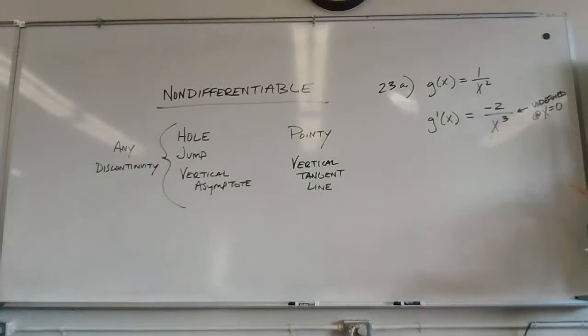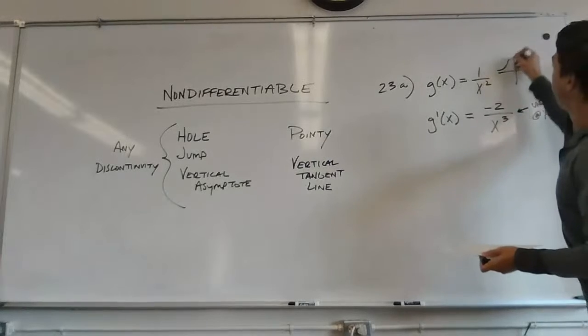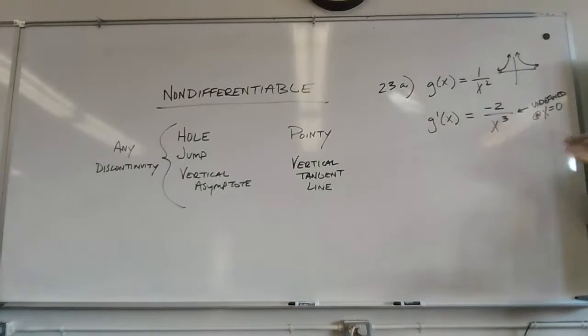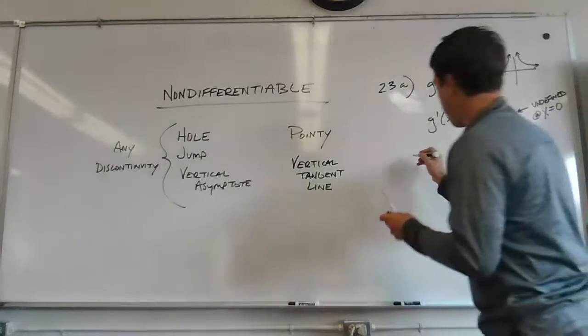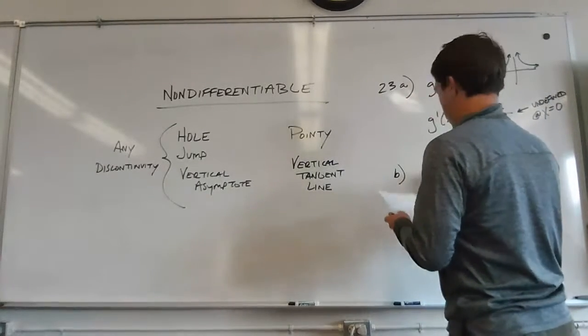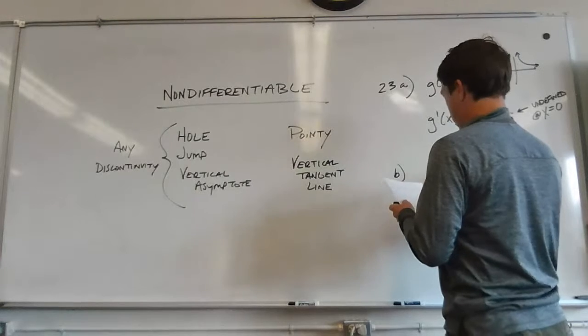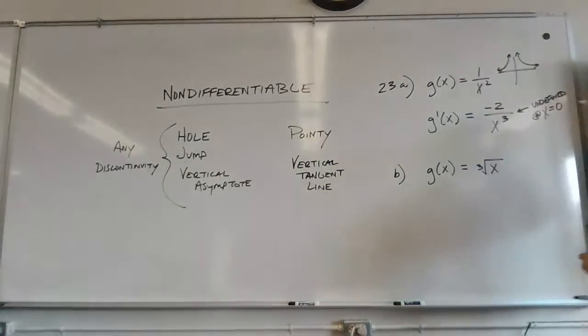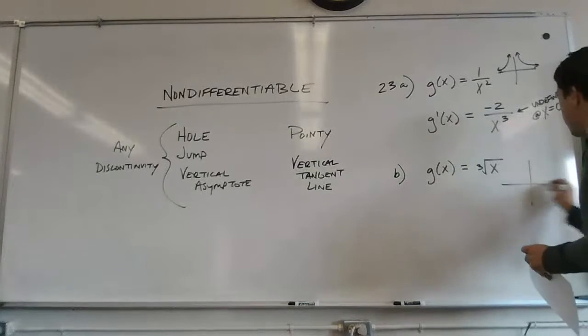Okay, so that one's not too tricky to visualize, right? Because the original graph, you can see, oh yeah, the derivative is not going to exist at that vertical asymptote. But b is a cube root, which looks like this.